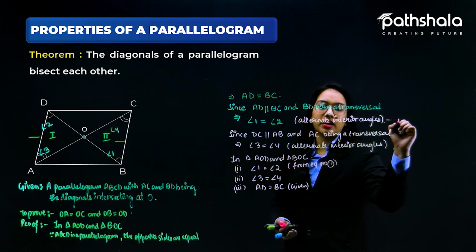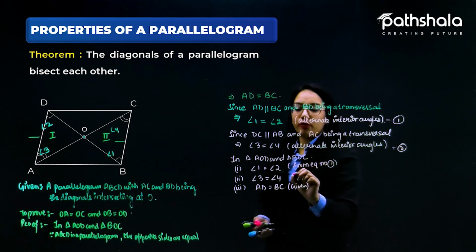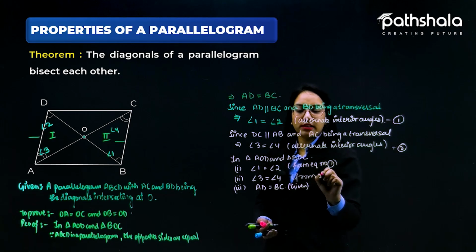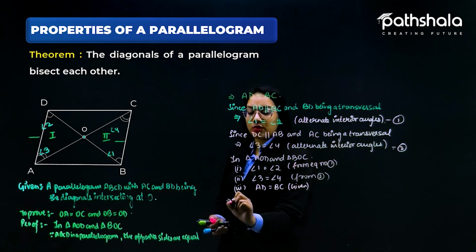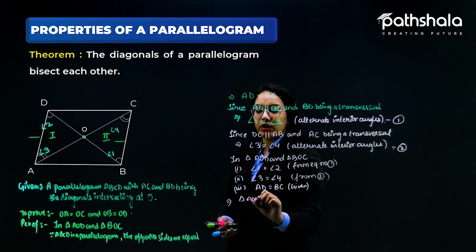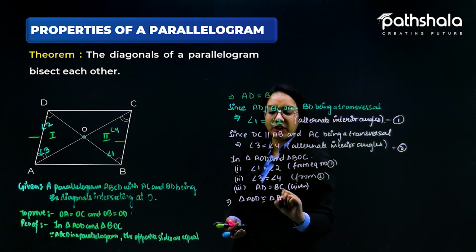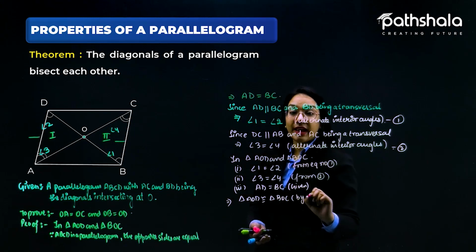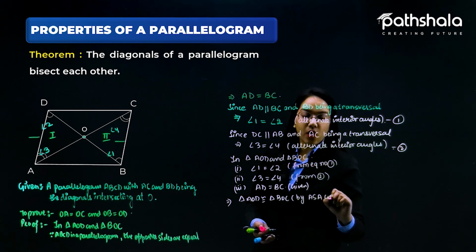Let us take it as 1, and from 2 we are getting this thing. Hence from these three things, triangle AOD is congruent to triangle BOC by the ASA congruence rule.